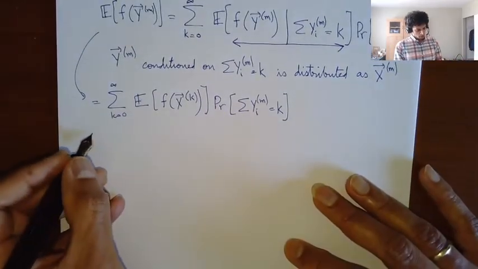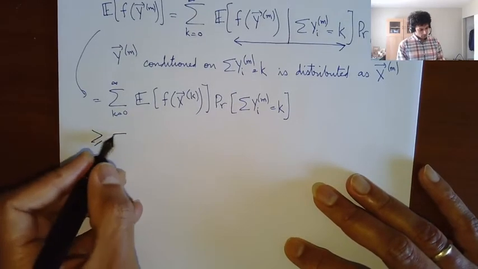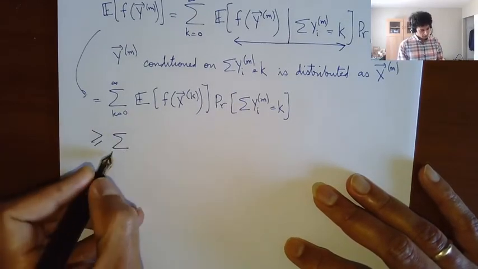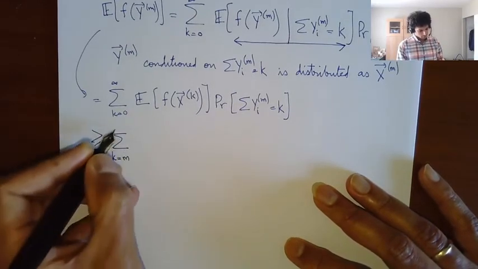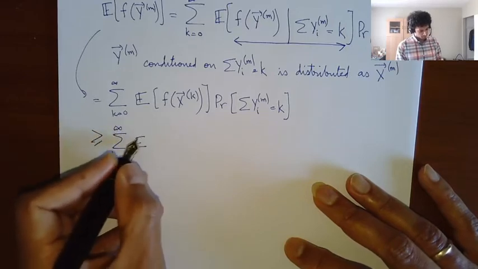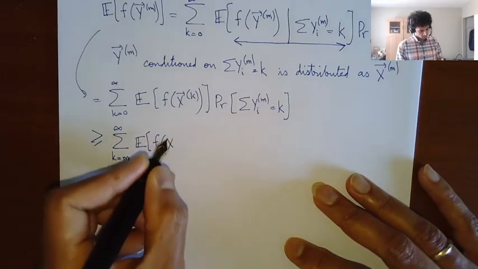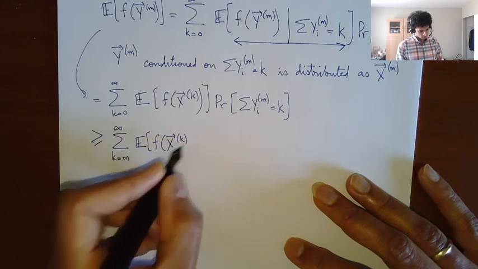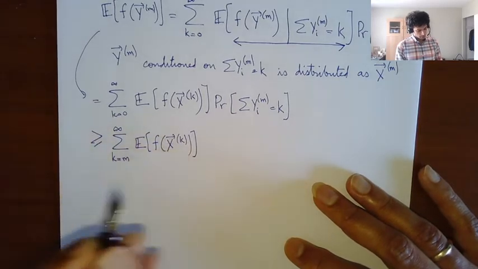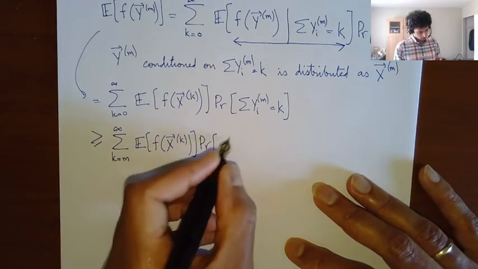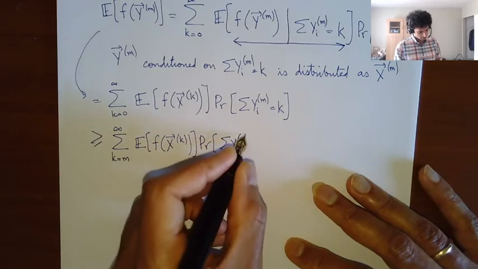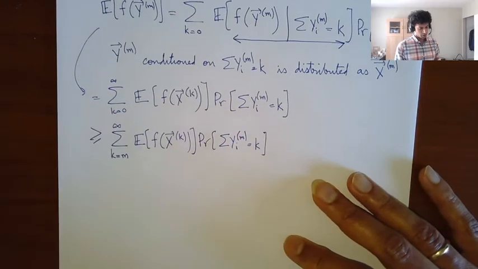Okay, now I'm just going to drop everything that is before m. Okay. I have the expectation times the probability that the summation of yi of m is equal to k.